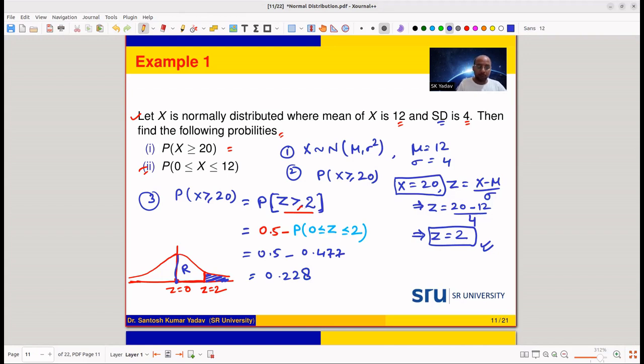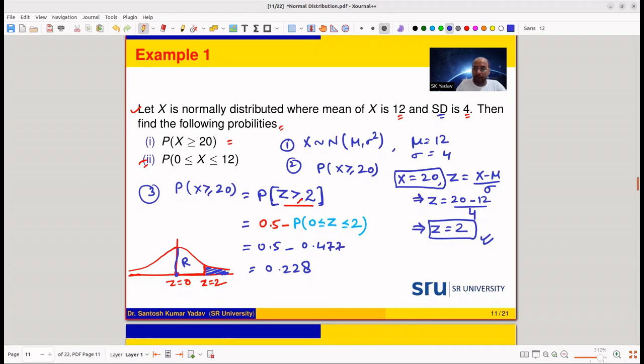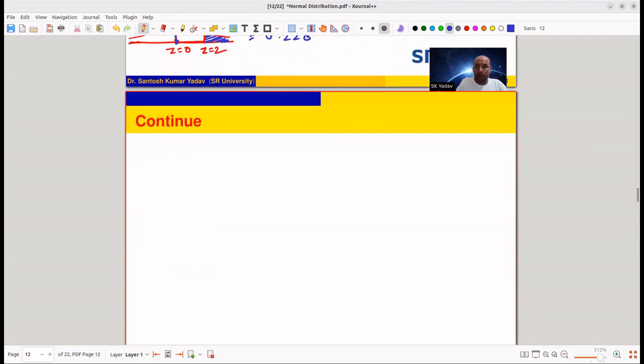Now the second problem, we have to find x lying from 0 to 12. So let us do that also. In the second part, we have to find p of 0 less or equal to x less or equal to 12. For this, we have to find the z values for x equal to 0 and for x equal to 12.